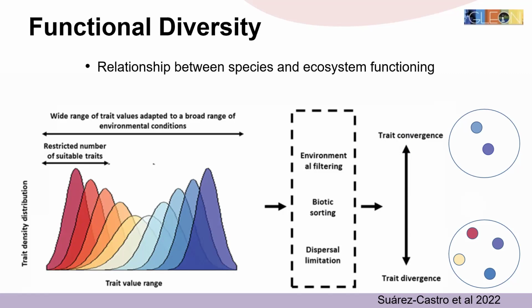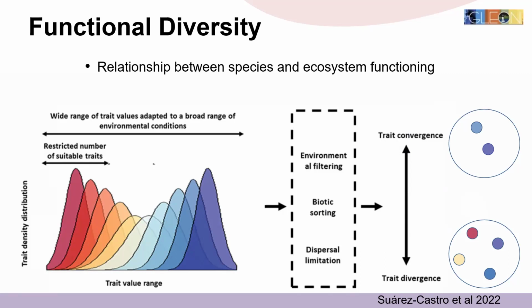So this composition in the community, after passing through environmental filtering, biotic sorting, and dispersal limitation, shows a convergence of traits or a divergence of traits. When we have high functional divergence, for example, it means that we have a high degree of niche differentiation.